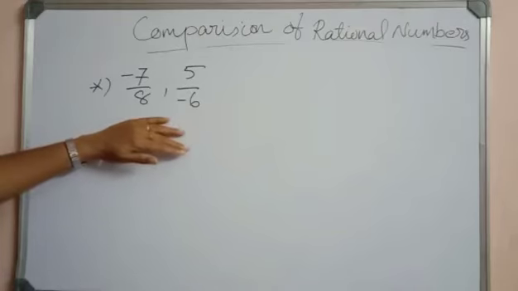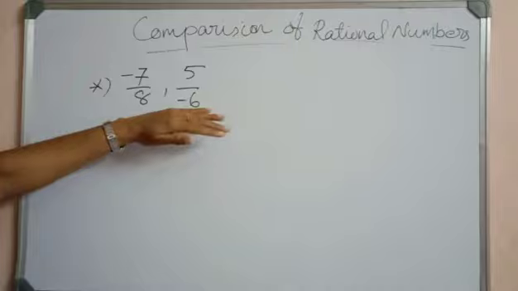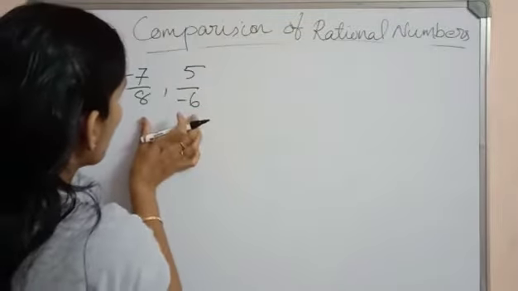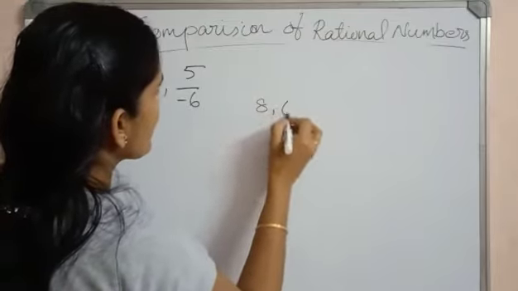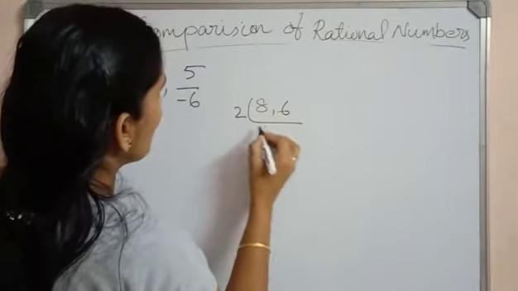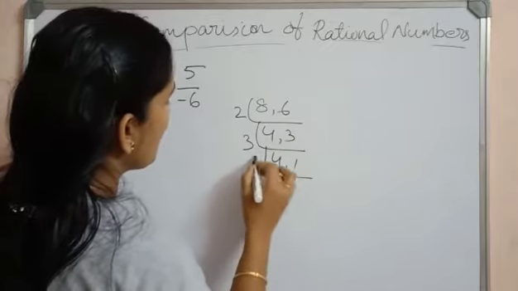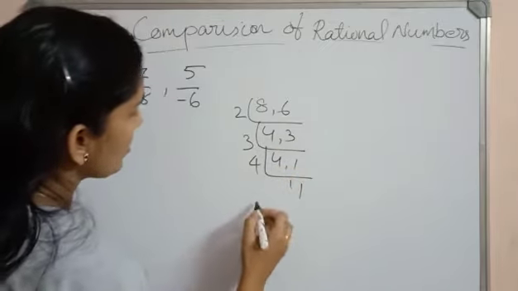Consider this question and let's find out which is greater and which is smaller by the LCM method. First we have to take the LCM of these two denominators, 8 and 6. The LCM is 24.